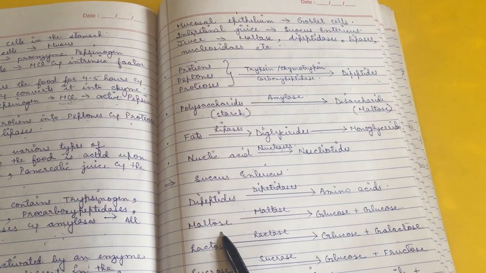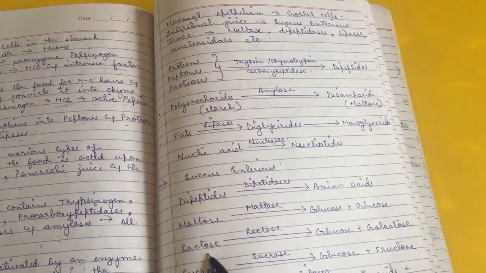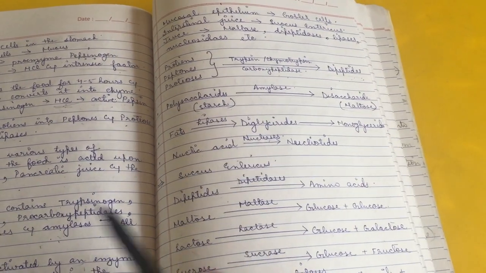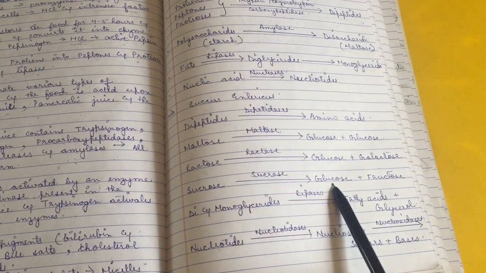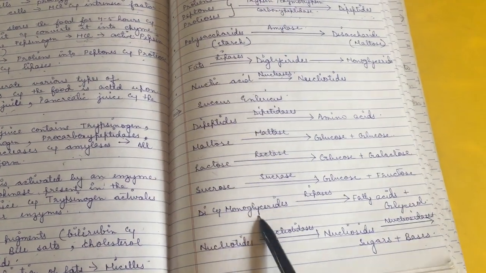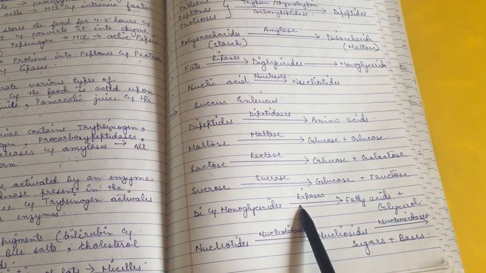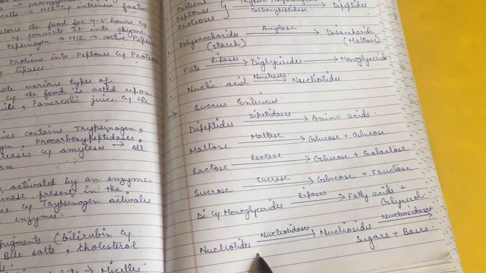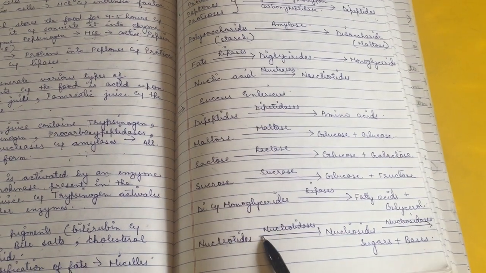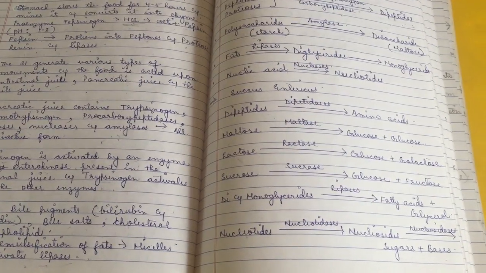It breaks down maltose into glucose plus glucose in the presence of maltase, lactose into glucose plus galactose in the presence of lactase, sucrose into glucose plus fructose in the presence of sucrase, di and monoglycerides into fatty acids plus glycerol in the presence of lipase, and nucleotides into nucleosides and then sugars plus bases in the presence of nucleotidases and nucleosidases.